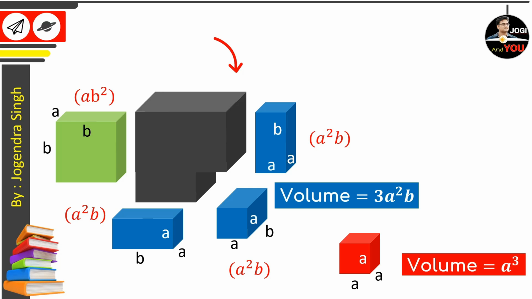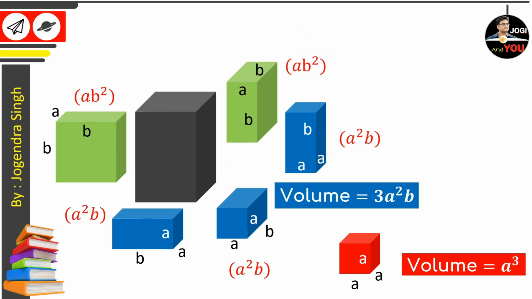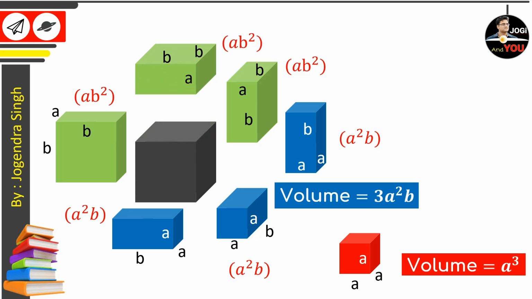You can see that this is A, B and B. And now this is also nothing but A B squared. And now let us mark this piece here. This is B, B and A. And now let us move this out here and it is A B squared, which is the volume for this part. Now the volume here is 3 times A B squared for the green parts.